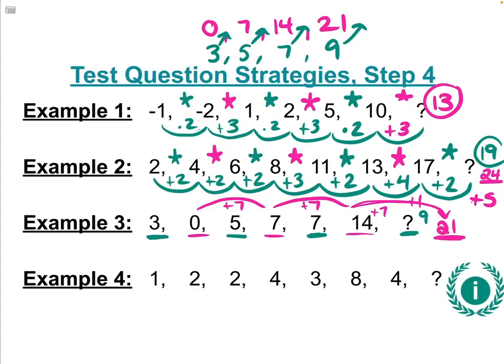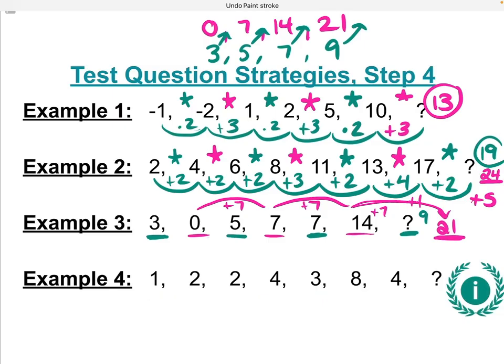Example 4 is the same way, where if we were to take the normal difference between each pair of numbers, plus 1, plus 0, plus 2, minus 1, plus 5, minus 4, we would see we have a very random array of differences. So let's try that trick. Let's try labeling every other number starting with the first number.